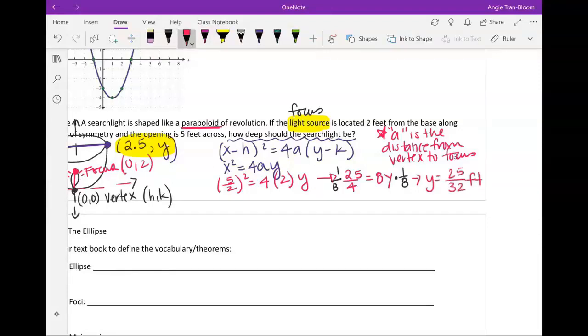So the searchlight is 25 over 32 feet deep. When you can, I do prefer the simplest exact answer.